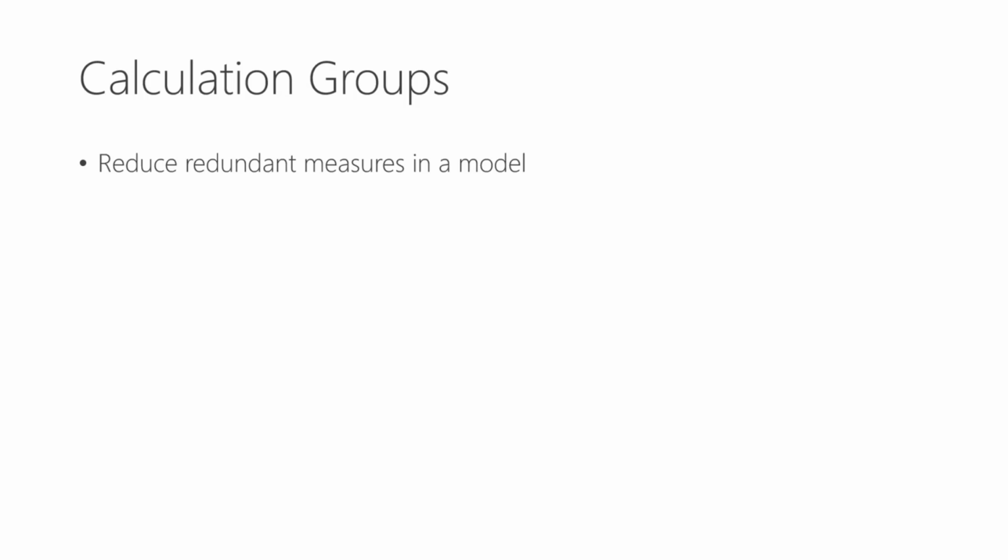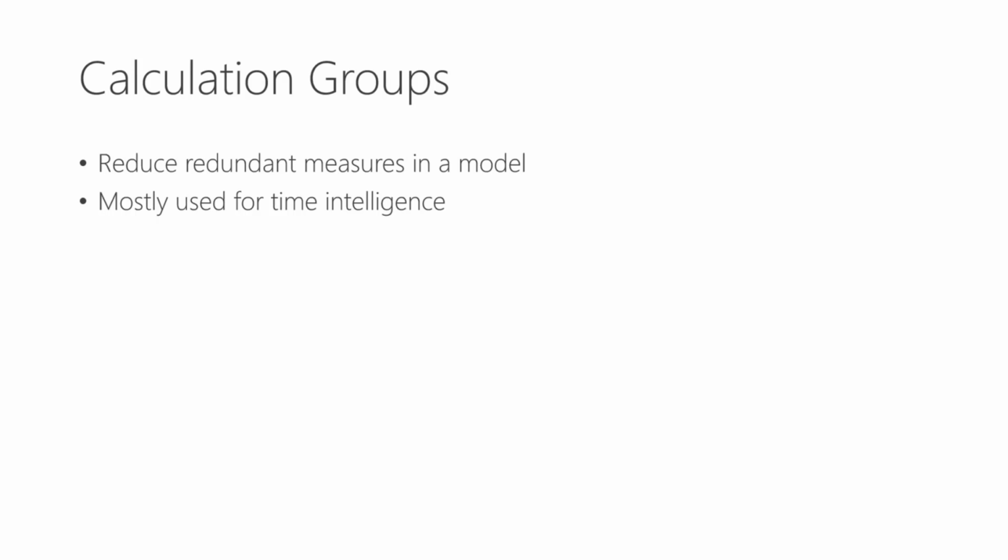We had built measures previously, and now we are trying to go a step further by optimizing these measures, simply by reducing the redundancy and the repeating logic that these measures might carry. Right, so that is pretty much the purpose of these calculation groups.